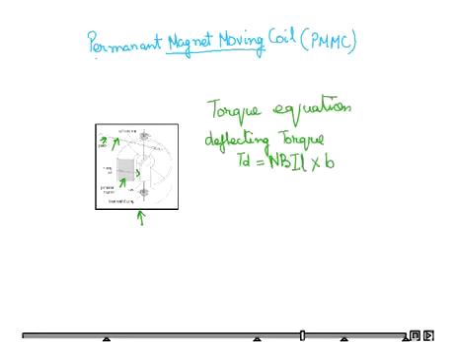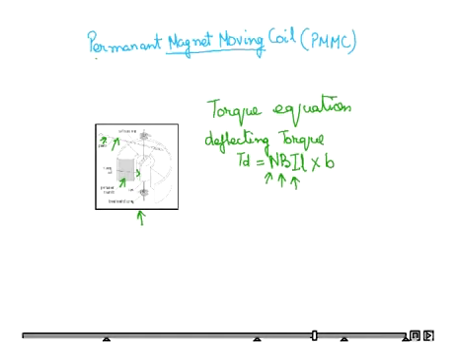Let's see the torque equation. The deflecting torque here, TD, is N B I L into b, where N is the number of turns in the coil. B is the flux density in Weber per meter square.